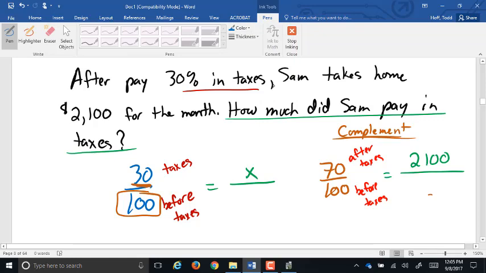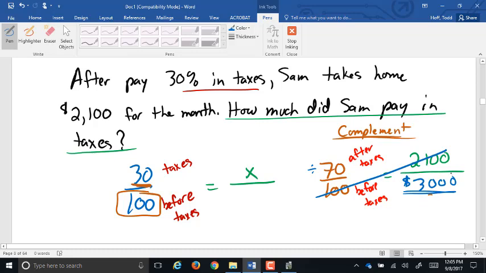No, that won't come out. The reason is that that percent isn't based off the 2,100. It's based off of whatever that original amount was, and we don't know that original amount. So you do the 100 times 2,100 divided by 70, or you do your equation. This comes out to be $3,000. Now that's the before tax amount.